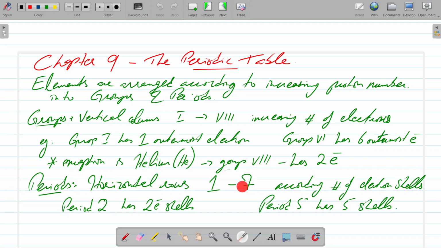They go from 1 to 7, and these signify how many electron shells there are. So as you go right from period number 1 to period number 7, you have an increasing number of electron shells. An element in period 5, for example, will have 5 shells, and then obviously the corresponding number of electrons.